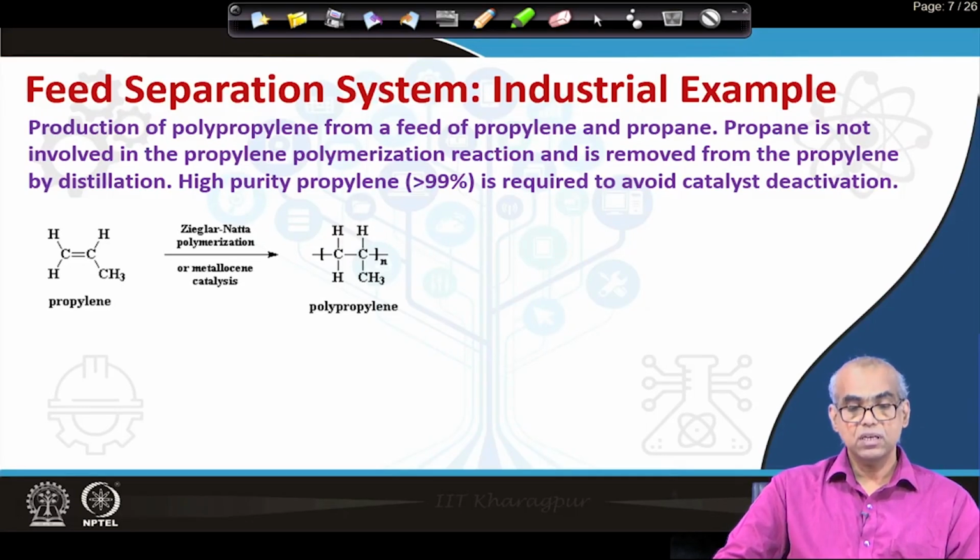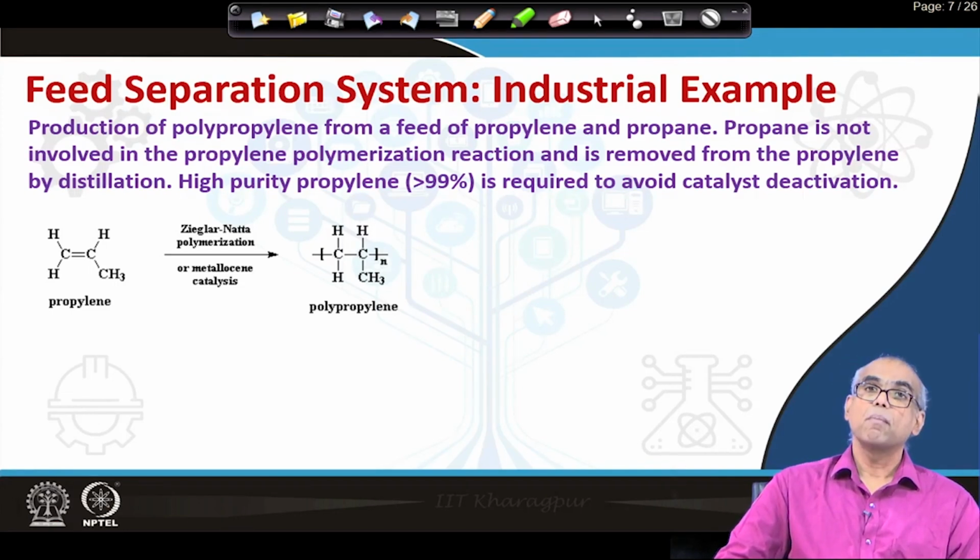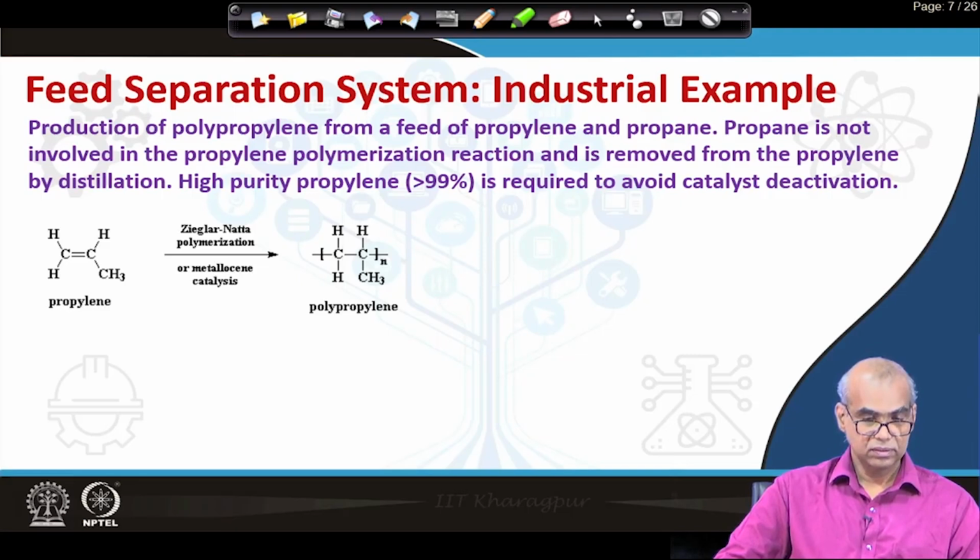It is the polymerization of propylene that gives us polypropylene. Propane is removed from the propylene by distillation. High purity propylene, with purity higher than 99%, is required to avoid catalyst deactivation. So, it is extremely important that we remove propane from the propylene. The catalyzed reaction scheme is shown.